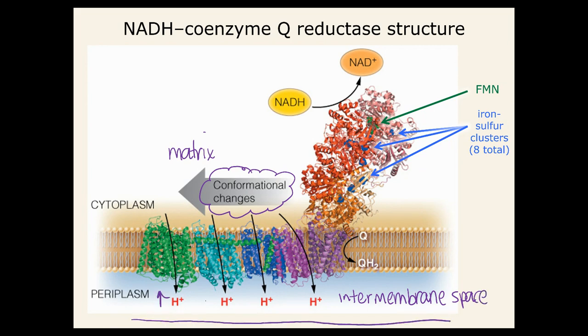You're increasing the H plus, the acid level, in the intermembrane space. And then ultimately, complex 1 will form reduced ubiquinone, or coenzyme Q. Ubiquinone and coenzyme Q are the same thing, and that's the reduced form.